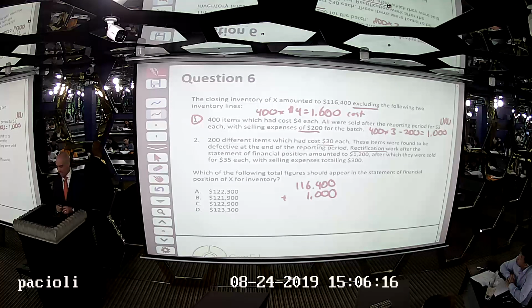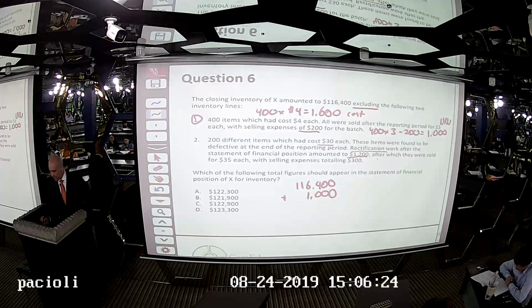After the statement of financial position amounted to 1,200. So 1,200 is the cost to complete. After which they were sold for $35 each. $35 is the selling price, with selling expenses of 1,300.